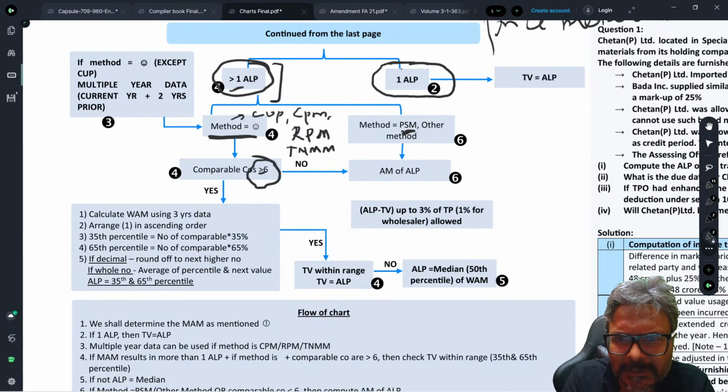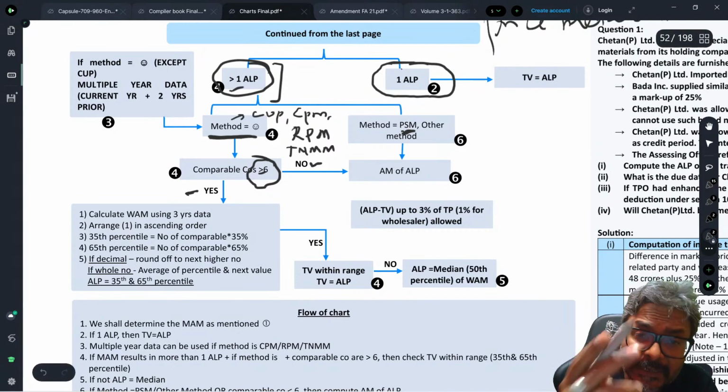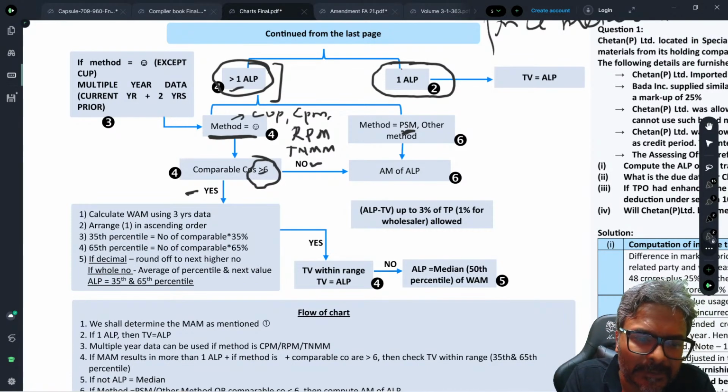If the comparable size, students, is 6 or more than 6, then the answer, as I told you, can be yes or the answer can be no. If the answer is yes, the comparable size is 6 or more than 6, then we all know we go with the range concept.